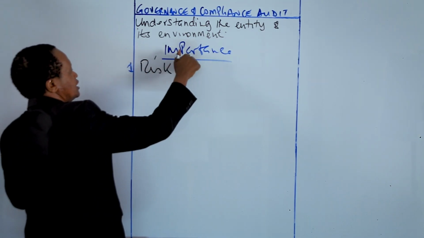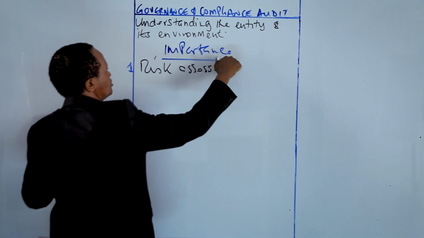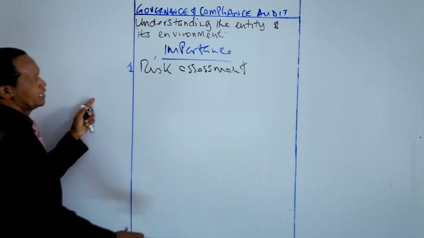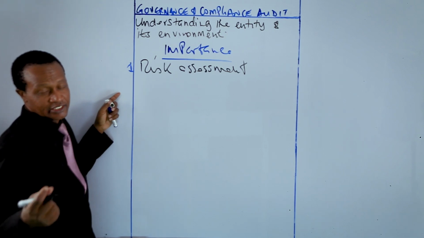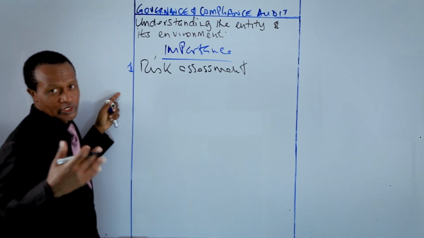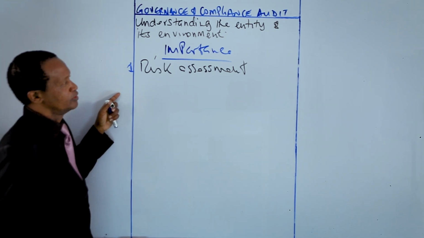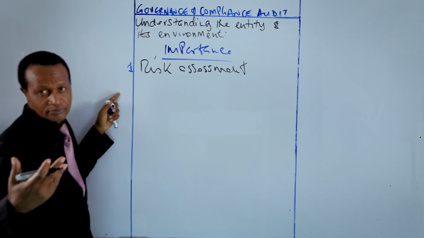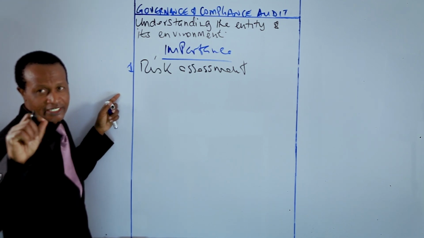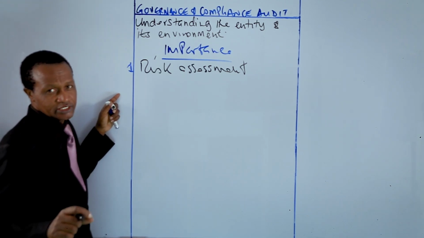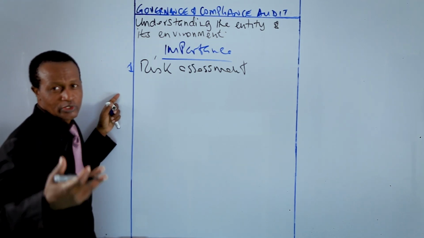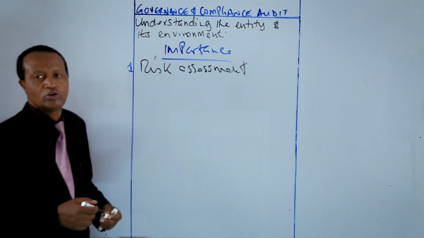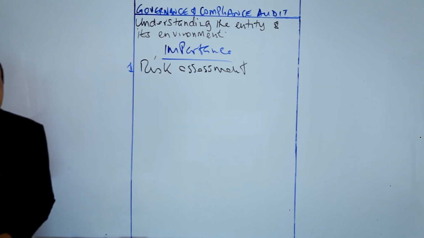Risk assessment. It's not possible to assess risk without an in-depth understanding of the entity, because this understanding allows the auditor to identify and assess the risks of material non-compliance.